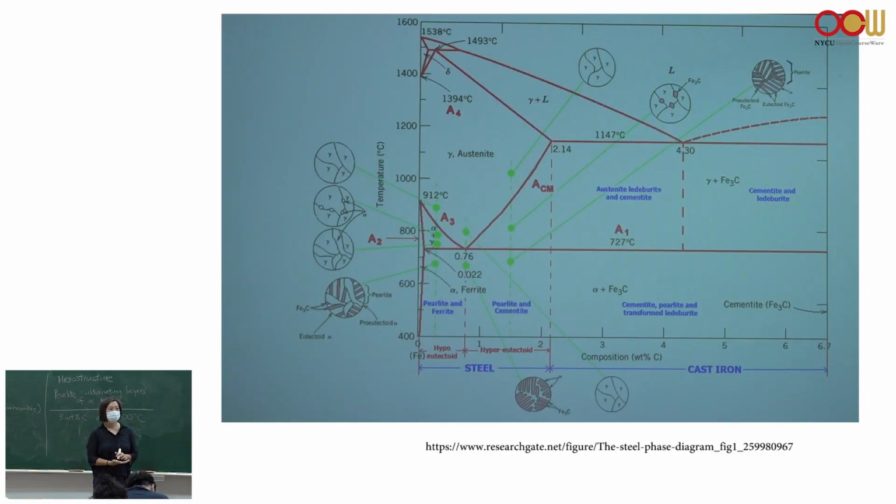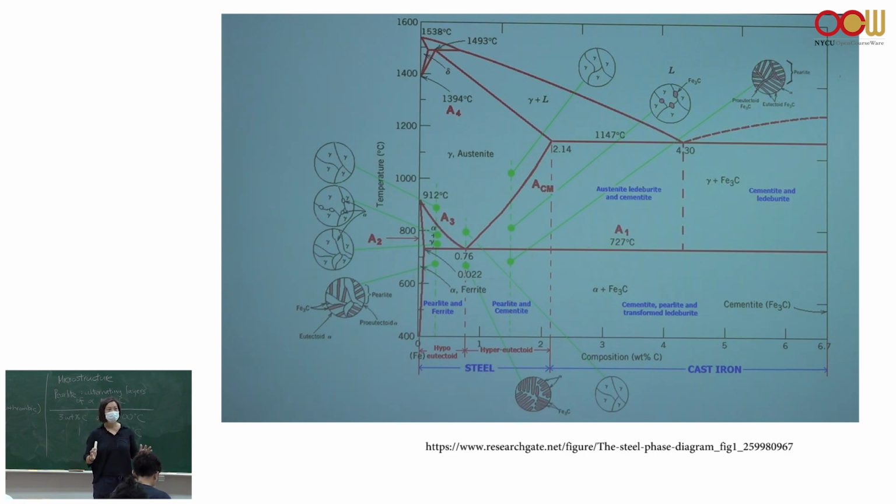So the first one should be 100% liquid, right? We start at a place where it's 100% liquid. You lower the temperature. What phase will form first out of the liquid? Gamma or austenite. So you get little pieces of gamma or austenite solid within the liquid.